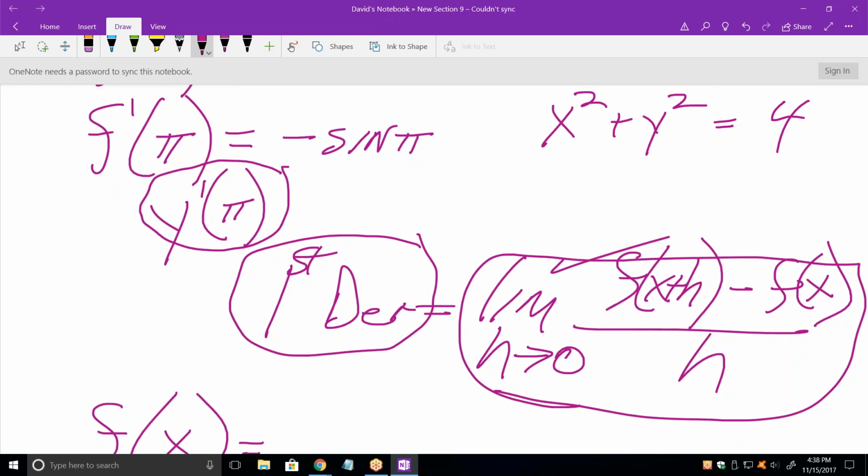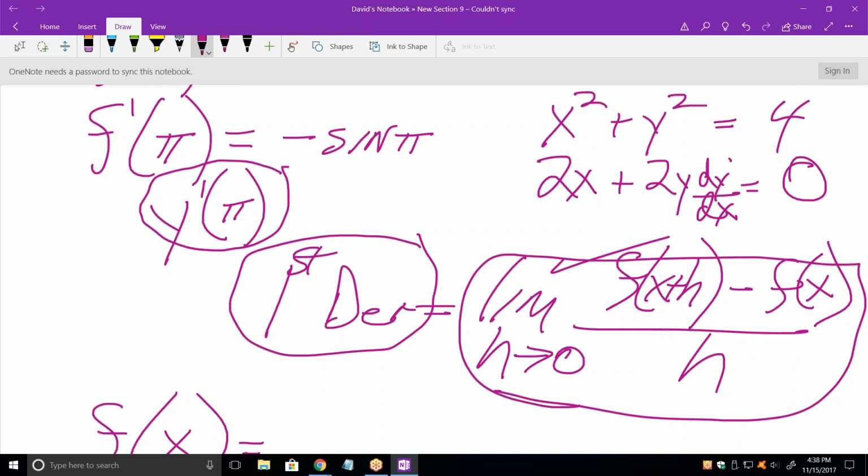And I want to implicitly differentiate this to come up with dy dx. Well, when I differentiate x squared, I get 2x. Don't have to follow it with a dx dx because that's 1. But when I differentiate the y variable, that's 2y, but since that's y, I got to follow it with dy dx.